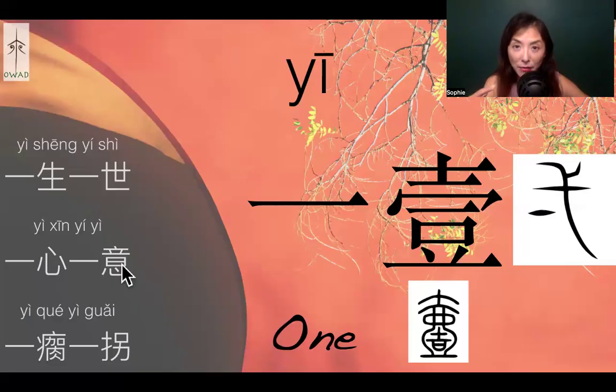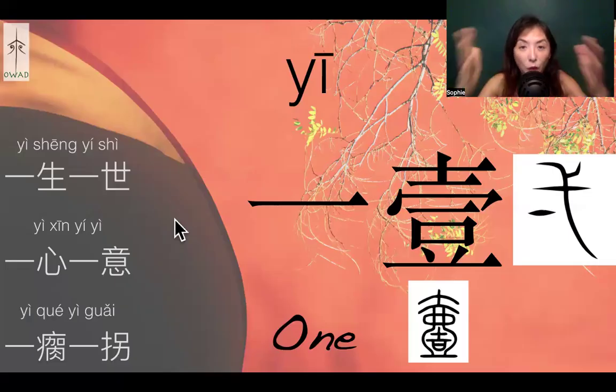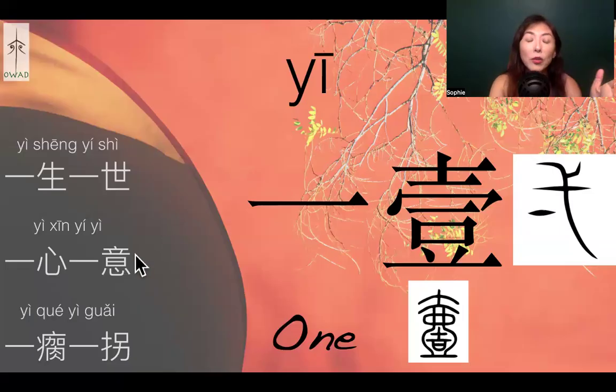If 一生一世 is about a lifetime being spent together, 一心一意 means your whole heart, which may be distracted in all kinds of directions of goal setting, now has just one goal. There's one big goal in front of you, so you can focus your energy on something. So that's 一心一意. Now, 一瘸一拐.